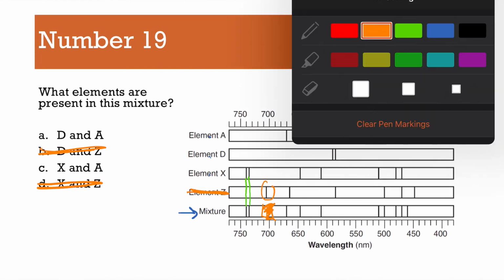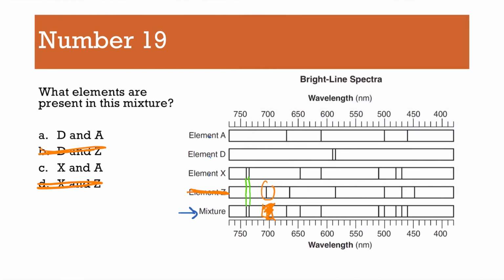So if we keep going, let's use a different color. This tracks all the way up to A. Right? This one tracks up there. Okay.